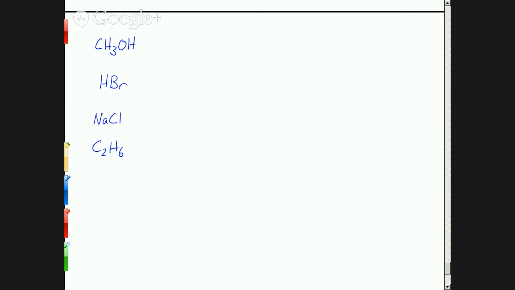Now, do you expect it to be polar or nonpolar? Why do you think it's going to be polar? Because carbon and oxygen, especially oxygen, has the highest electronegativity. Yeah, that's a reasonable guess.